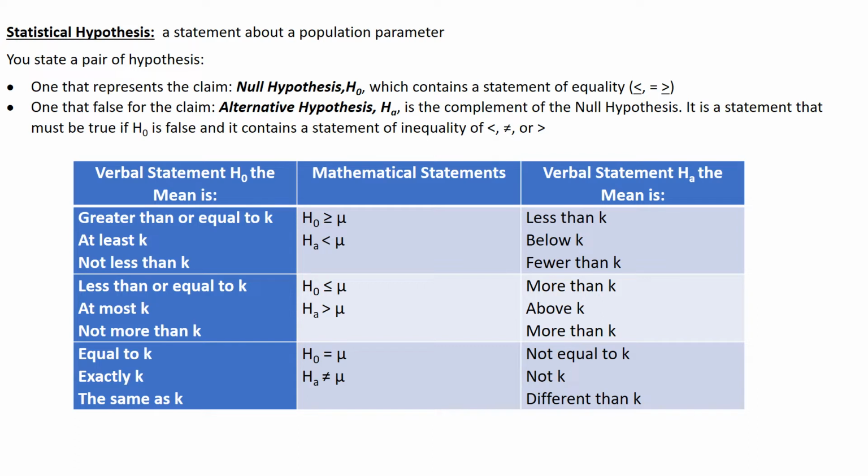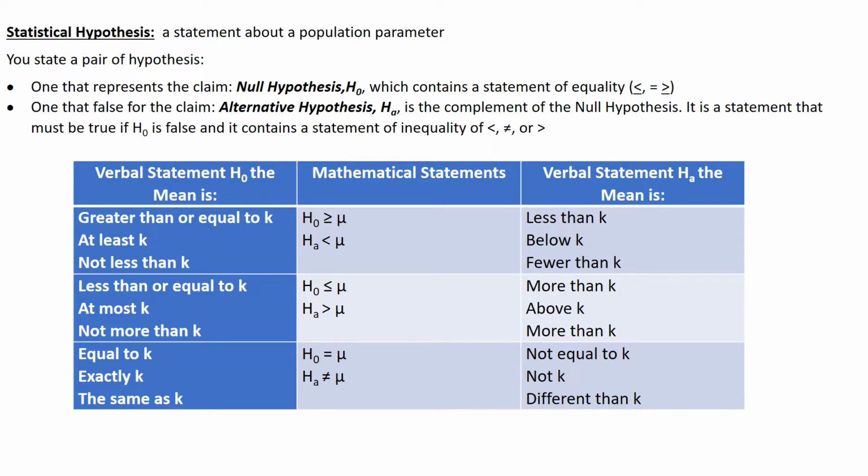If it's equal to for the null hypothesis, then it's not equal to for the alternate hypothesis. Again, with our previous page, where they said the car gets 50 miles to the gallon, our null hypothesis would be H sub 0 equals 50, or 50 mpg. Our alternate would be H sub a is not equal to 50 miles per gallon.